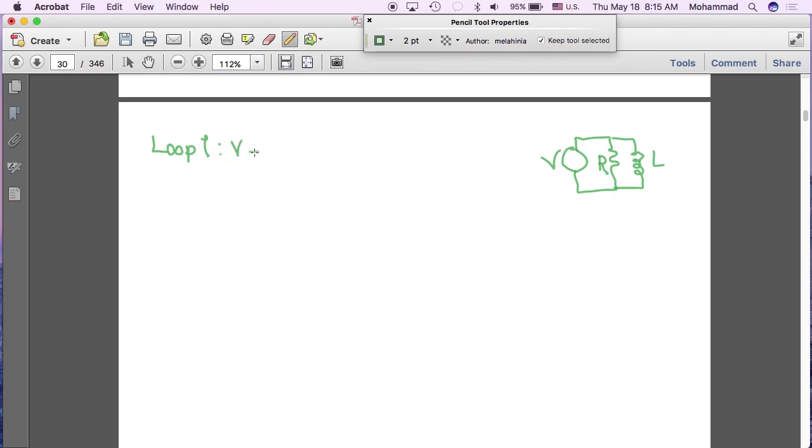V minus R, what did you call the current passing through the R? I1 minus I2. Okay, so did you call this current I1 here? The loop current I called I1.